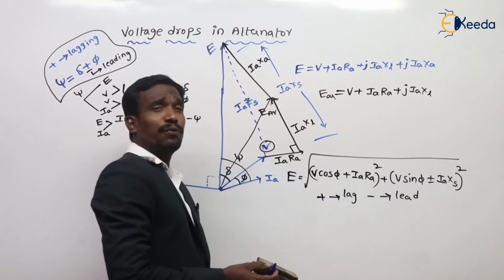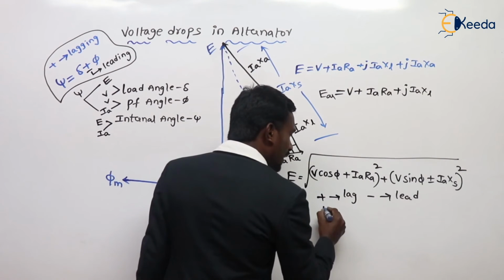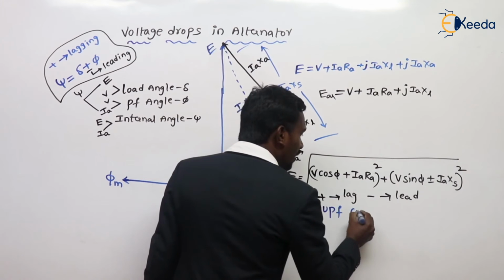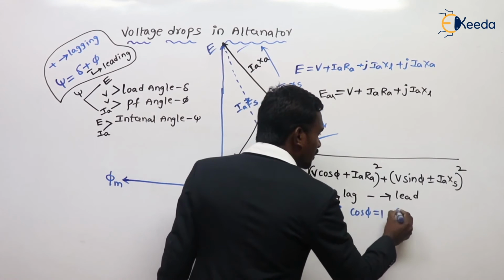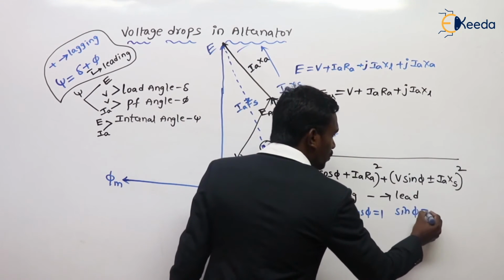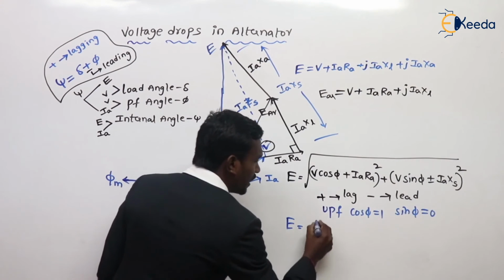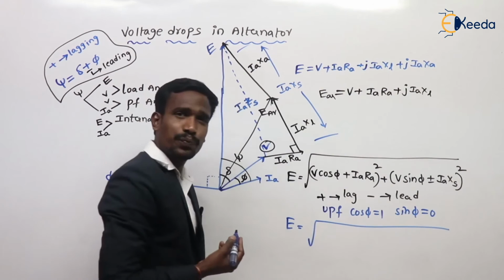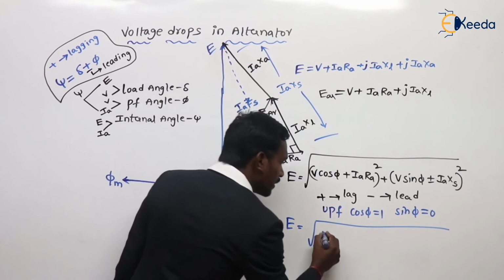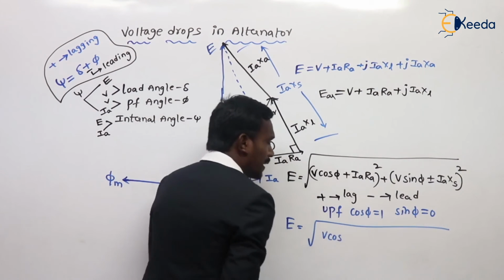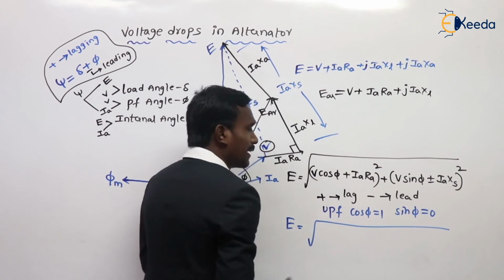At unity power factor, cos phi is equal to 1, sin phi is equal to 0. If you substitute at unity power factor, E is equal to, tell me, what is cos phi? Cos phi is 1.